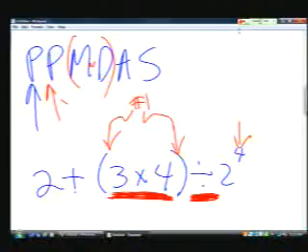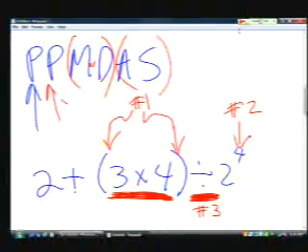Second thing is the powers. The third thing is multiply or divide in order from left to right, so we would do this division right in here. And then the last thing that we do is the add or subtract in order from left to right. So the very last thing you would do is the addition right in here.